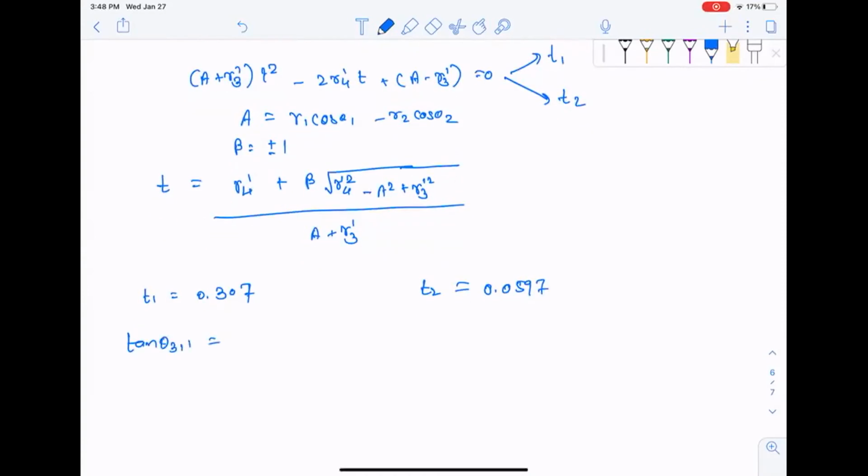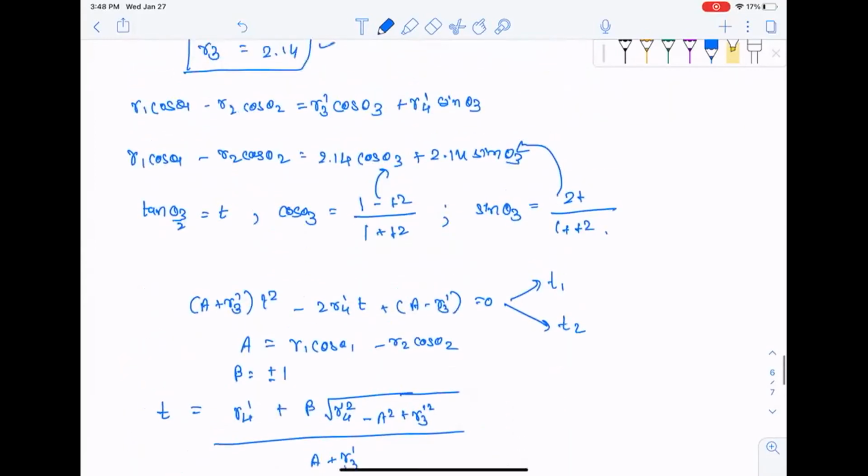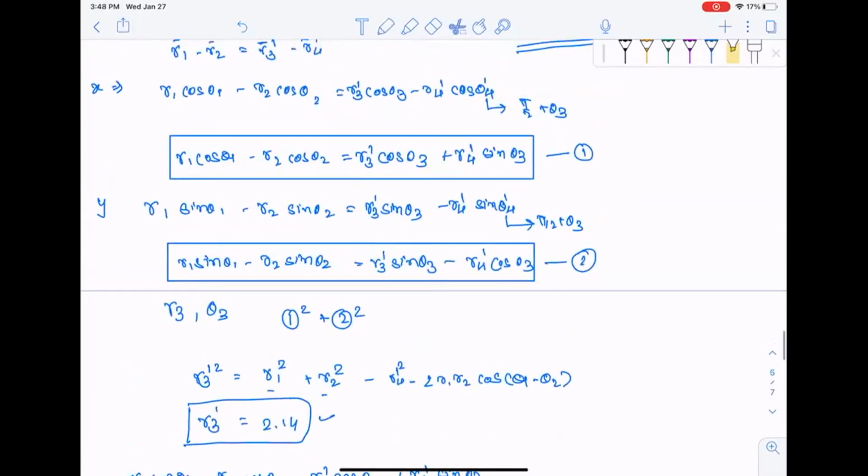One possibility will be 34.13 degrees, and the other solution will be 6.83. Now I must verify by putting these solutions into the second equation to see which one is correct.